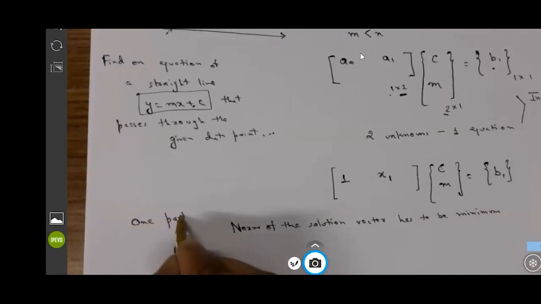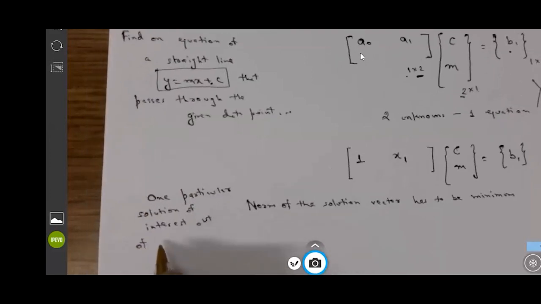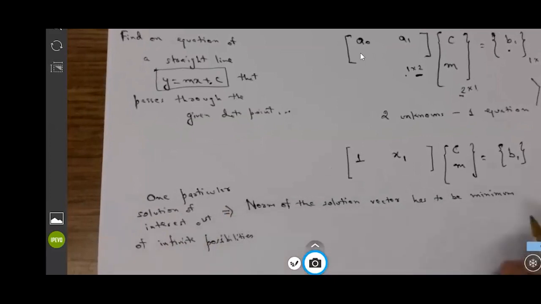One particular solution of interest, which is always the case, out of infinite possibilities. The norm of a solution has to be minimum.